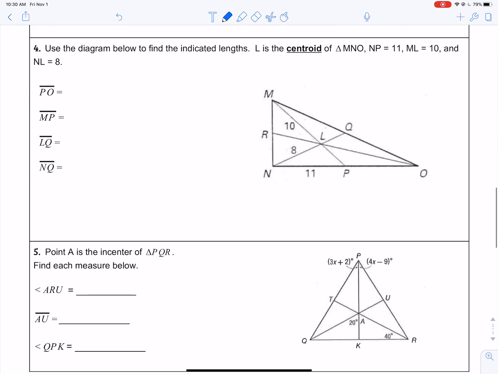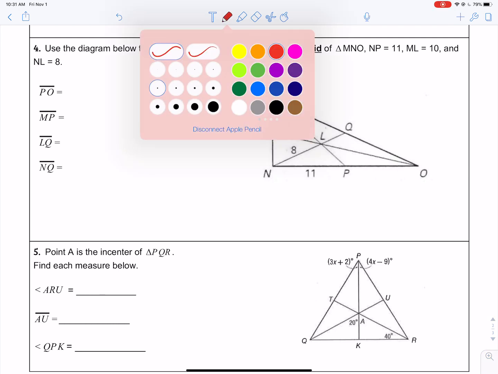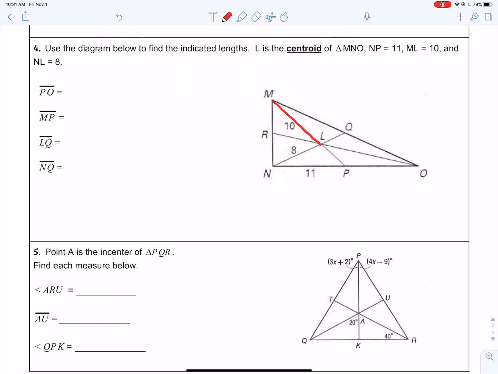Number 4 says use the diagram below to find the indicated lengths. L is the centroid of triangle MNO. NP equals 11, so they've already labeled that. ML is 10, NP was 11, and NL is 8.